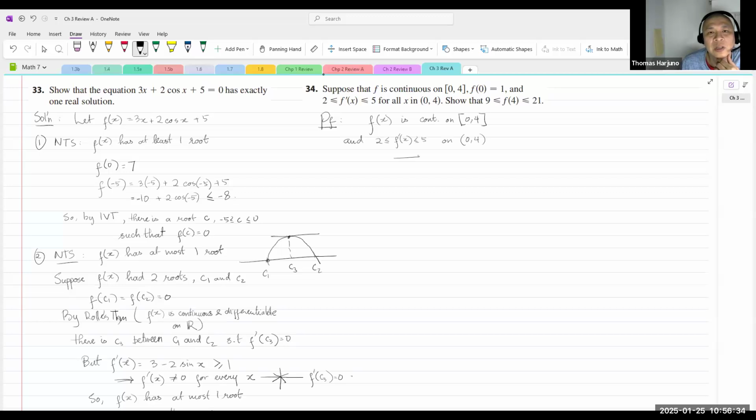Well, notice that this implicitly means f of x is differentiable on the interval 0 to 4. Therefore, the mean value theorem is applicable on that interval 0 to 4.